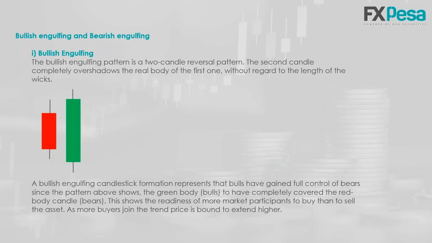So it's an opportunity for you to jump in, whether you are an aggressive trader or a conservative trader, you want to get the right entry there. But it's an indication that it's about the time you get an opportunity to ride an uptrend.